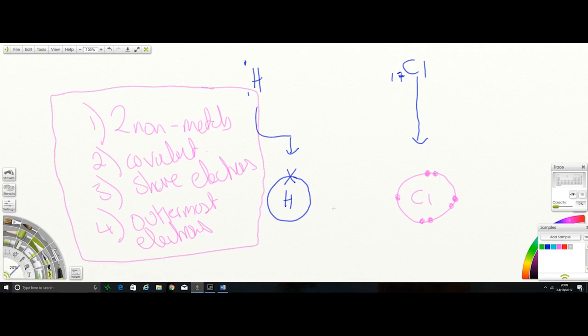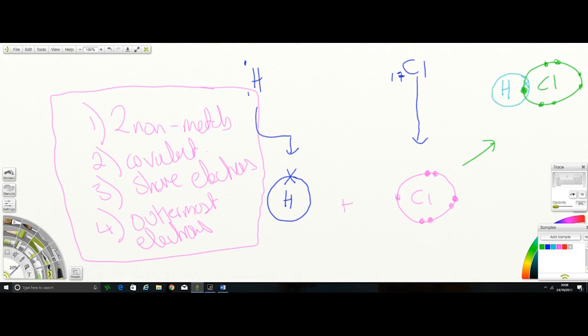So let's now react these two together and see our end product. What we're going to have is chlorine with 1, 2, 3, 4, 5, 6 and 7, and the 8th electron is going to come from the hydrogen. So the hydrogen is going to have a cross here.